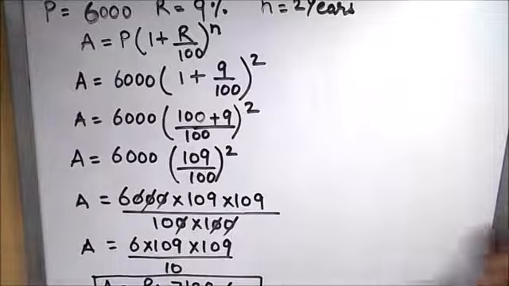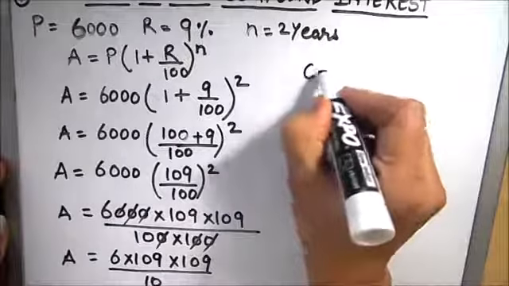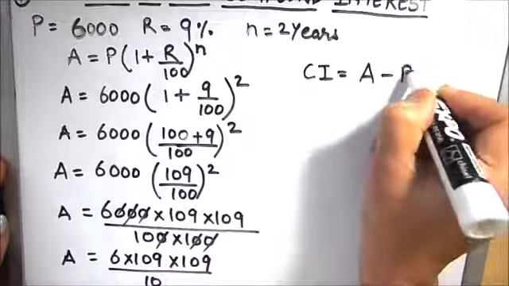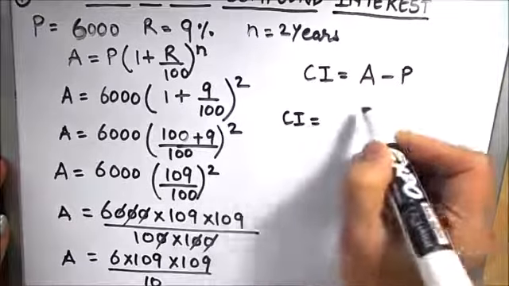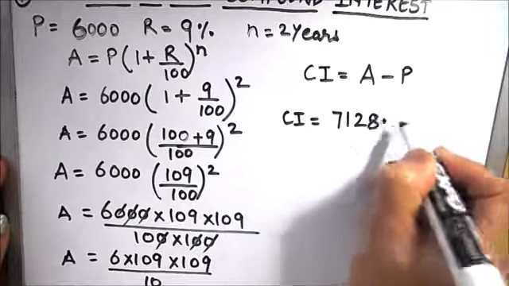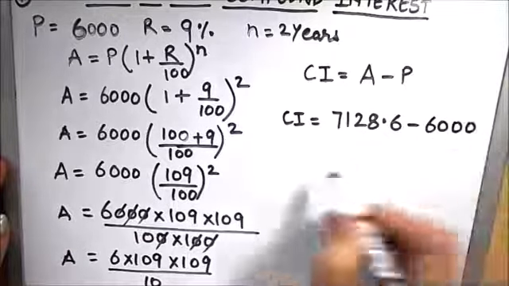Now we need to find the compound interest. So compound interest is equal to amount minus principal. So amount is 7,128.6 minus the principal amount is 6,000 rupees.